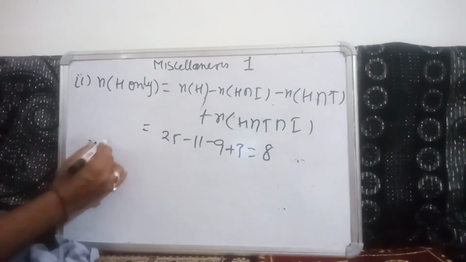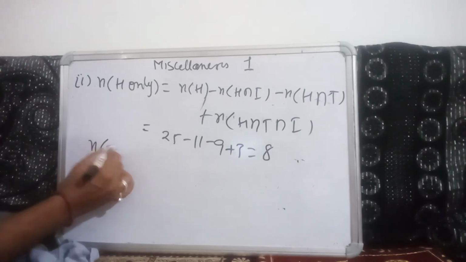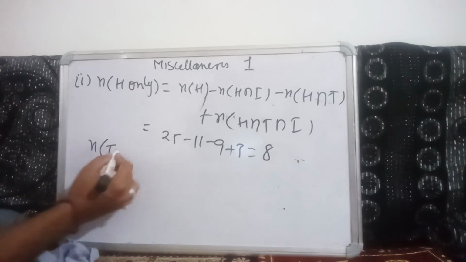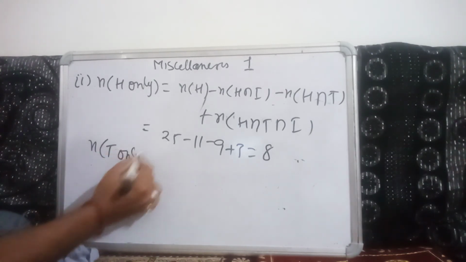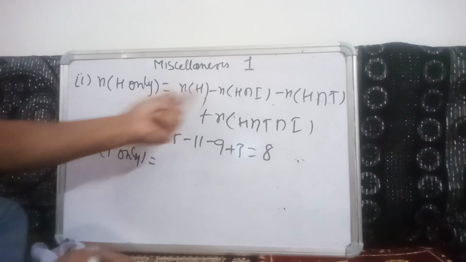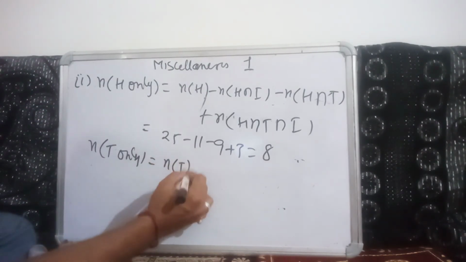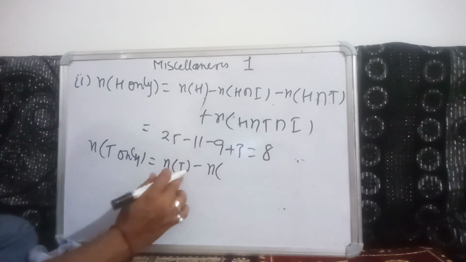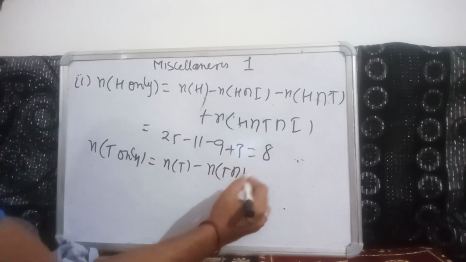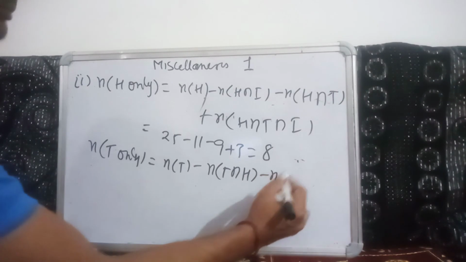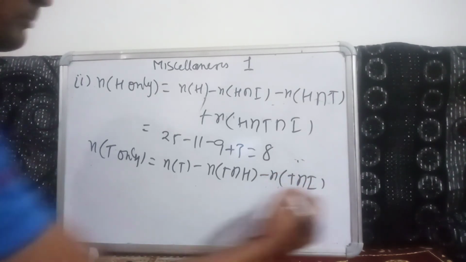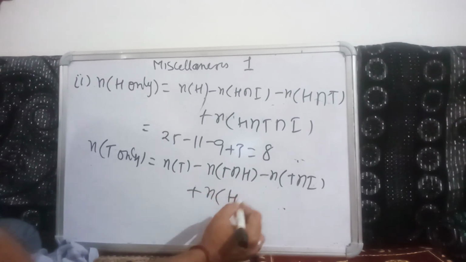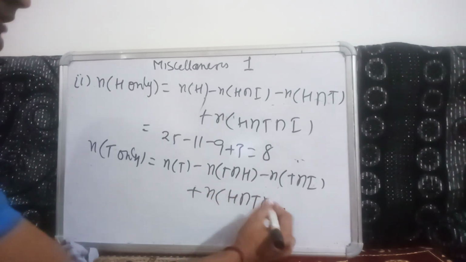Similarly, if I ask how many people read exactly T, T only, that means again you take n(T) minus the common of the 2 with T, means n(T intersection H) minus n(T intersection I), but similarly this part is subtracted twice, so we have to add this once, right?